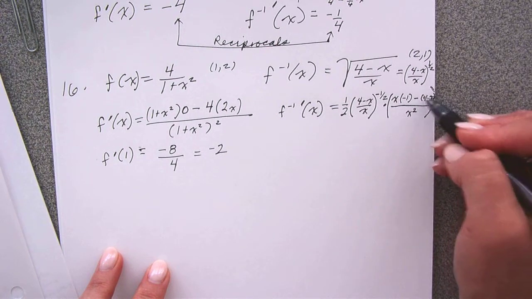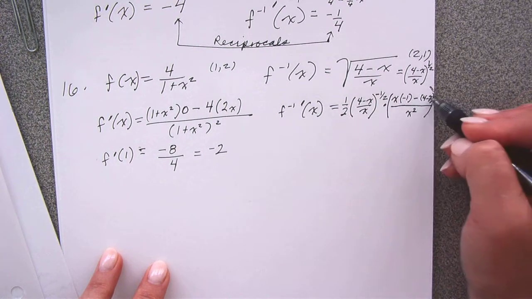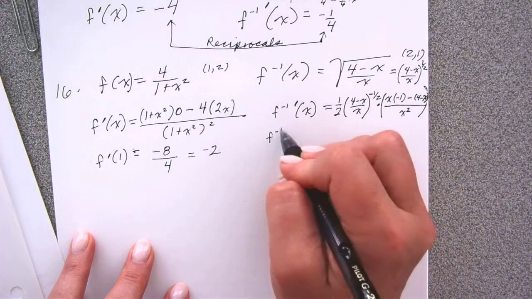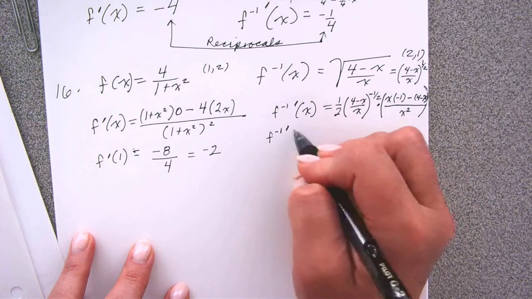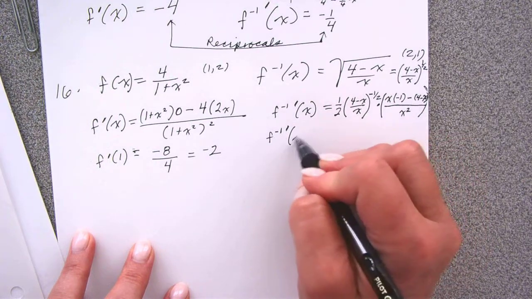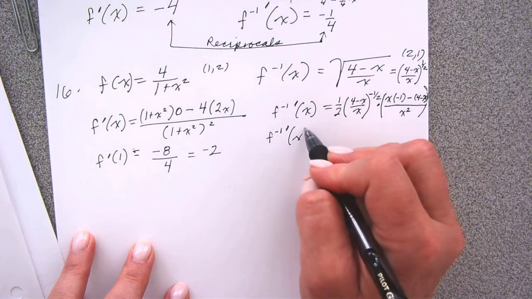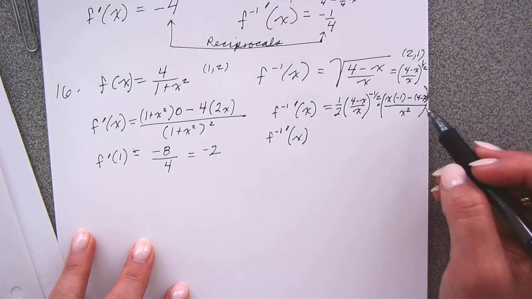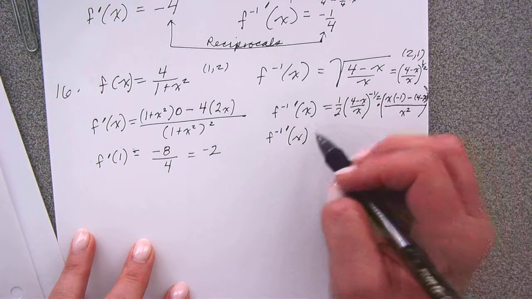That's 4 minus x, if you can't read that. Okay, so f inverse prime of x. Wouldn't it simplify out to 4 over x squared? Negative 4, or negative 4 over x squared.